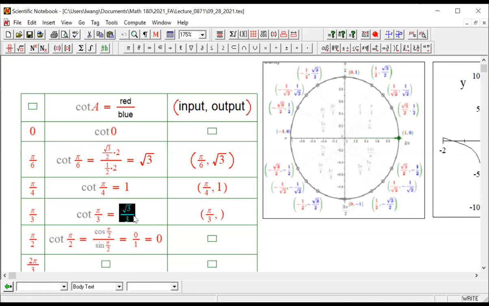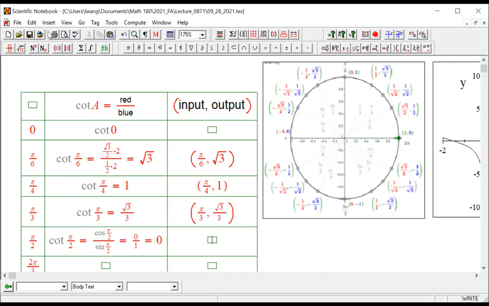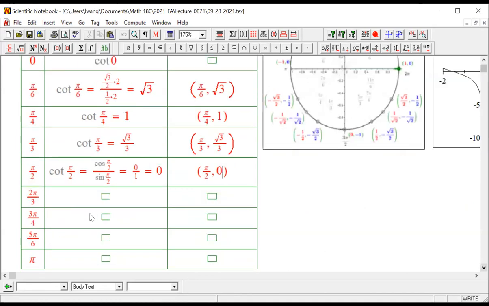That's what you want, right? So at pi over 2, cotangent is 0, right? And then you have 2 pi over 3, and you have cotangent 2 pi over 3.